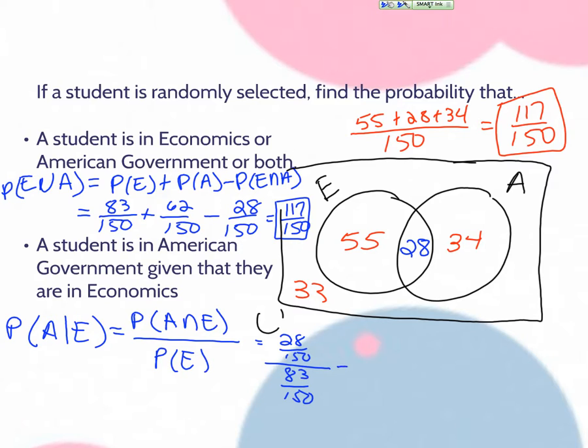So using what we know about fractions, you can see this ends up being much cuter when I multiply by the reciprocal. So I end up with 28 over 83.